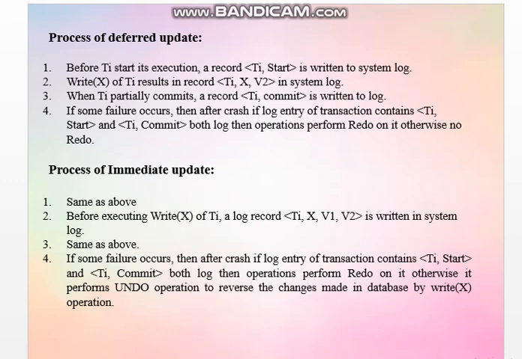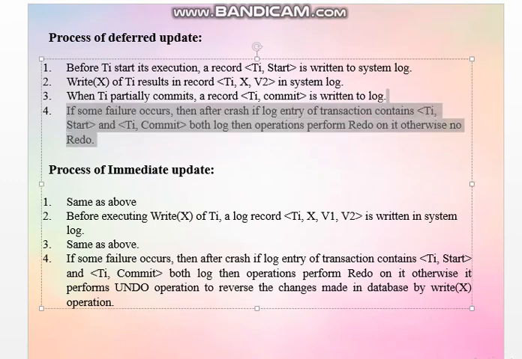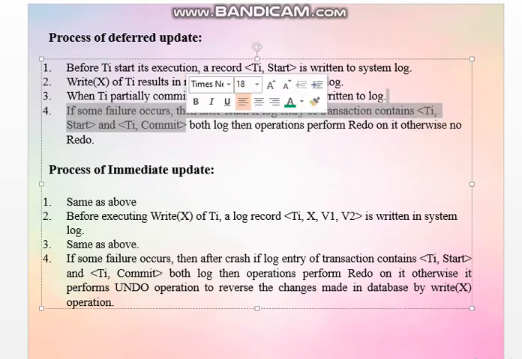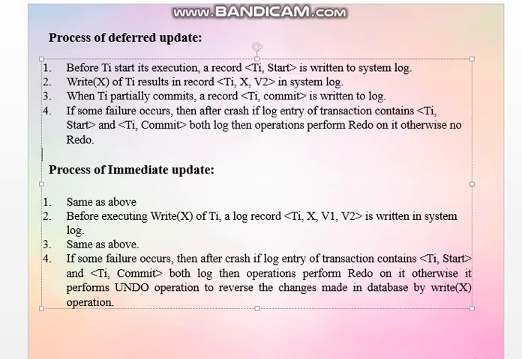If some failure occurs, then after the crash, if the log entry of the transaction contains both Ti start and Ti commit, then the operation which was performed is redone; otherwise, no redo. If you find the log file containing both entries, Ti start and Ti commit, it means that the transaction is committed.